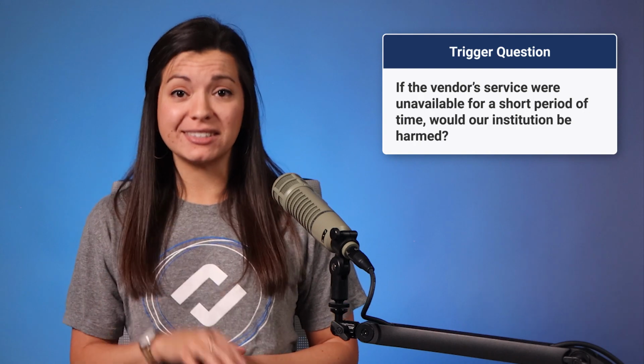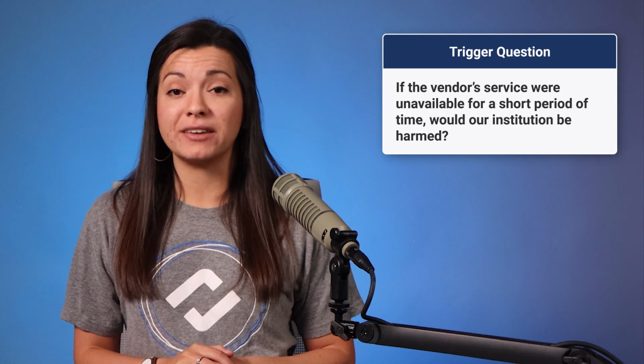Let's do one more example of a trigger question. If the vendor service were unavailable for a short period of time, think like a few minutes or a few hours, would our institution be harmed? This is a question about availability. If this service being down for a few minutes or hours would actually keep you from running your business, then you need to know that that's not going to happen. How can we know if service will keep running?